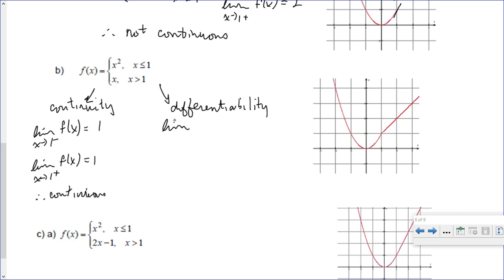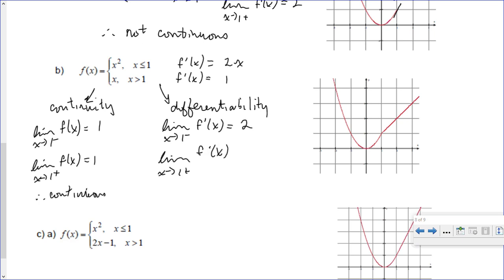Now I have to find the derivatives: that'd be 2x and 1 here, so that'd be 2, and then the limit of my derivative function would be 1, so it's not differentiable, because these values are not the same here.